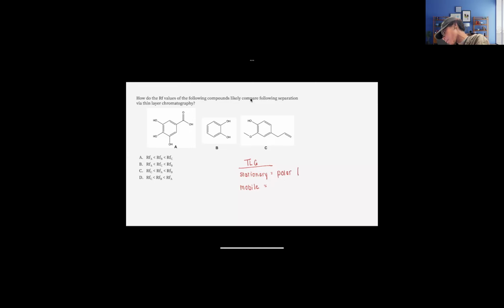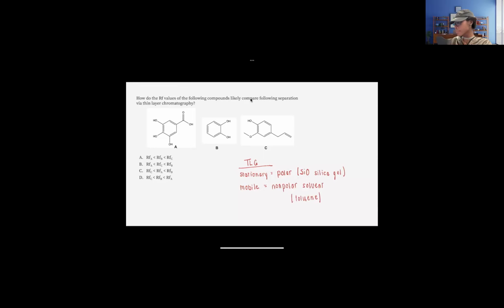Specifically, it's going to be that silica gel. Your mobile phase is going to be a non-polar solvent. A common non-polar solvent is toluene. That's just a common one generally.